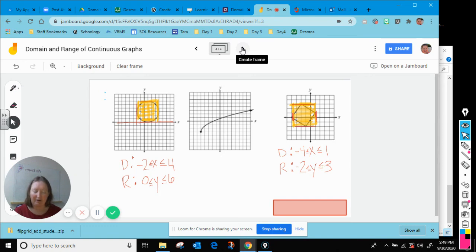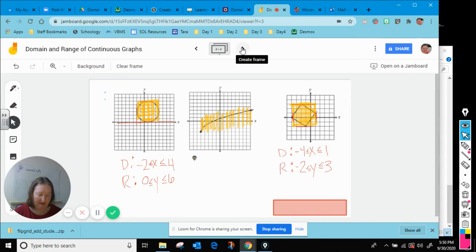Okay, now we got to talk about this kind of oddball. And I'm going to get out the highlighter. Okay, so there is a limit to the x values right here. They don't go any further, but these x values are okay to use, right? Okay, so let's just write the domain right now.